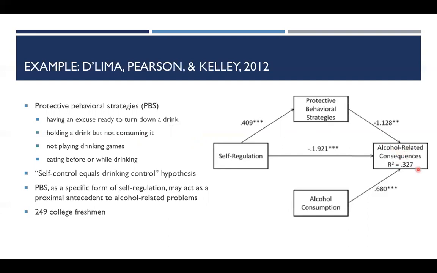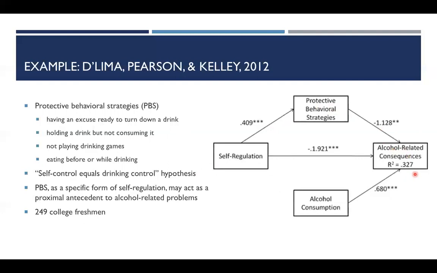All right, so this mediational diagram here is the first hypothesis they tested, which they call the self-control equals drinking control hypothesis. So their expectation is that people who are high in self-regulation more generally, they just are good at regulating their behavior and their emotions, are going to be better at using protective behavioral strategies and therefore have fewer alcohol-related consequences.